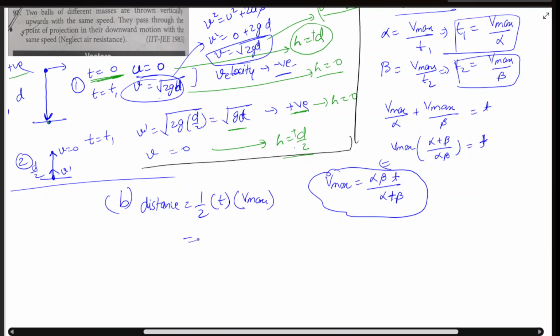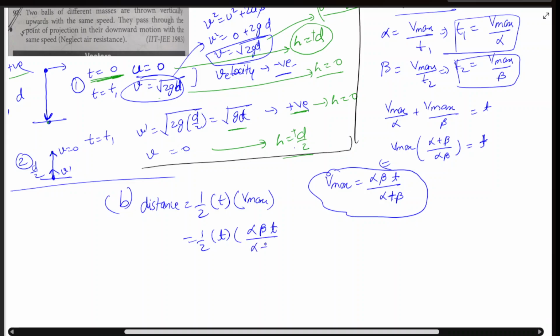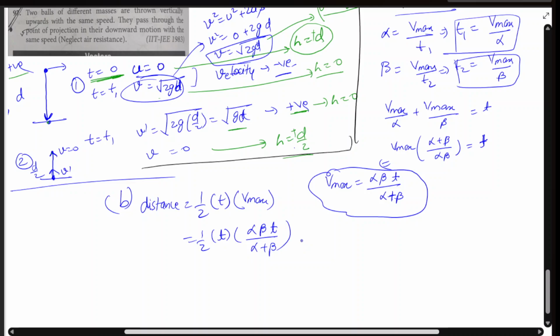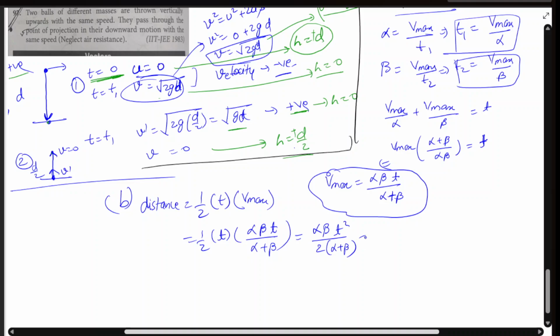Just have to put Vmax here. So half T alpha beta T upon alpha plus beta. Sorry, alpha beta T square divided by 2 alpha plus beta. This will be our answer. Okay.